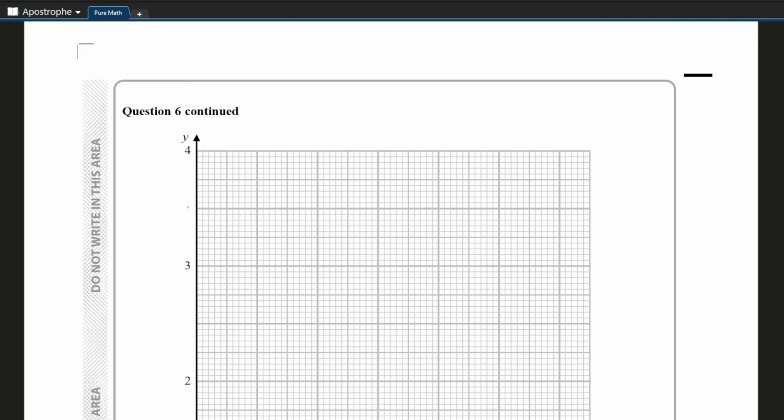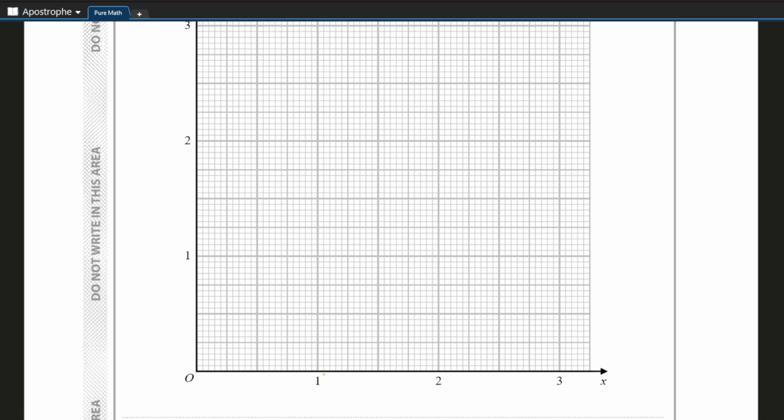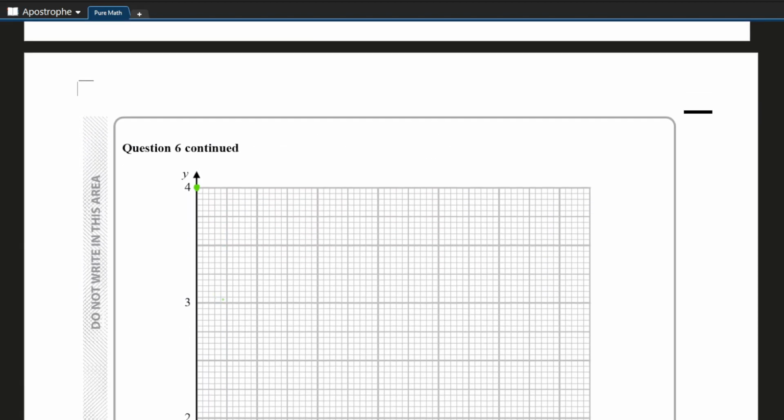So the first point is 0, 4, which is right here. Second point 0.25. So this is 1, this is 0.5, 0.25, all the way up to 3.34. So this is 3, this is 4, that means this is 3.5, this is 3.25.